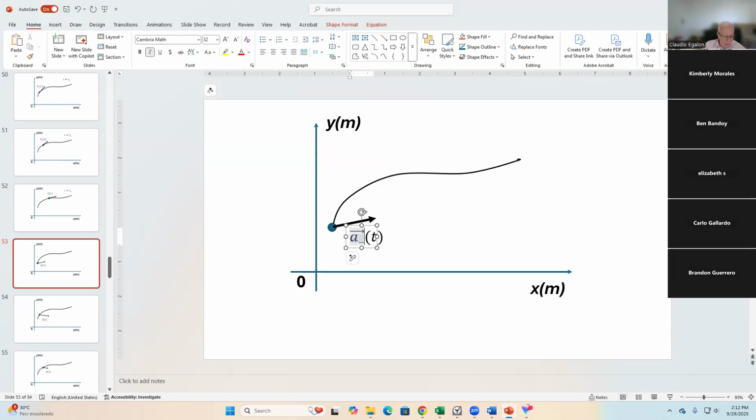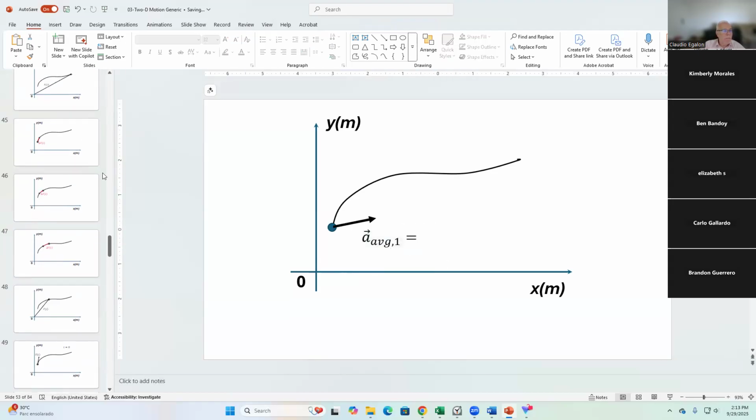My A average, A-V-G comma 1, is going to be, let's see how I label them.